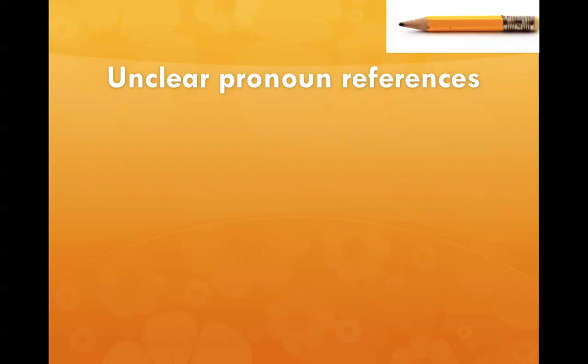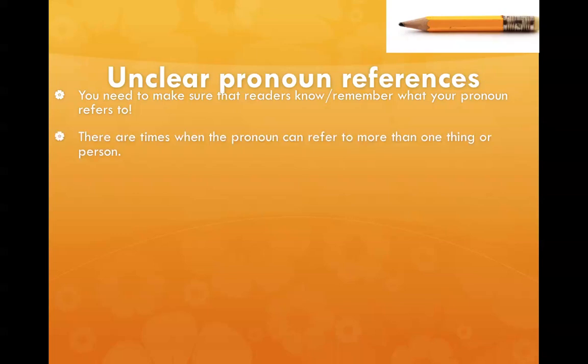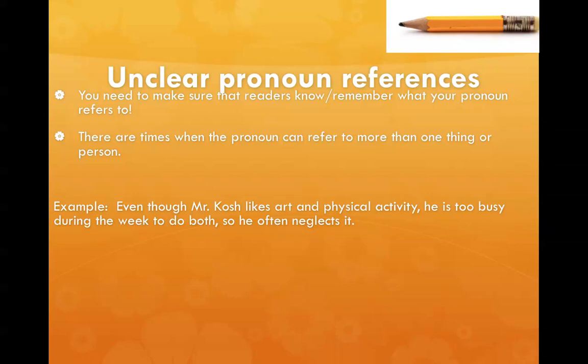Okay, the last thing that we're going to talk about is unclear pronoun references, which I saw a lot in your papers. I saw a lot of you usage as well, but unclear pronoun references. You need to make sure that readers know or remember what your pronoun refers to. So there are times when the pronoun can refer to more than one thing or person.